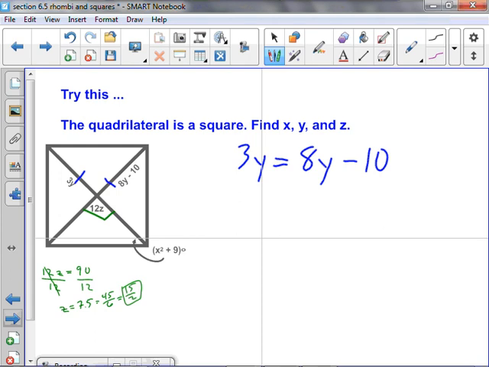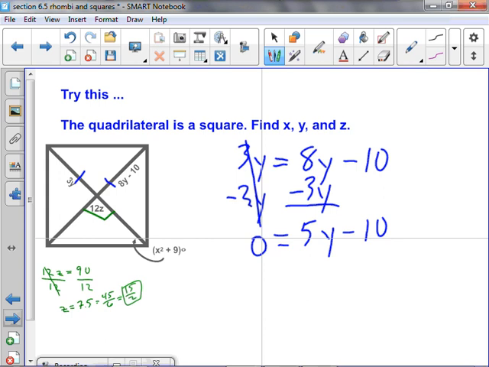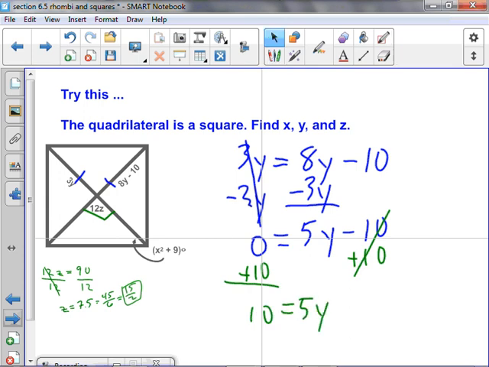So I subtract 3y from both sides. 5y minus 10 equals 0. And I'll add 10 to both sides. 10 equals 5y. Divide by 5, y equals 2.